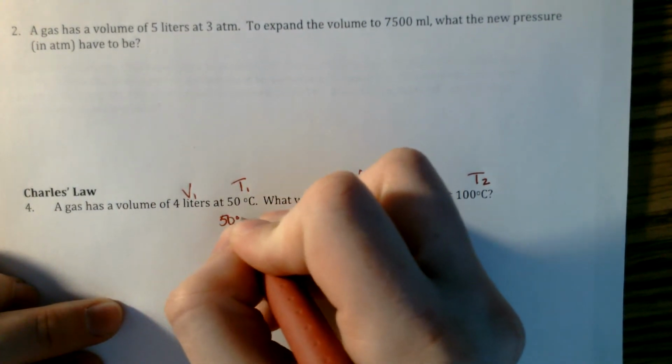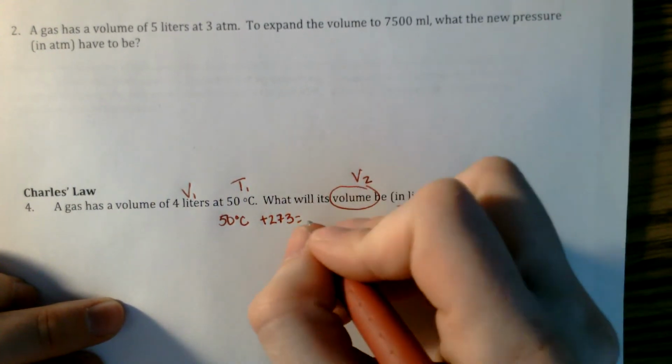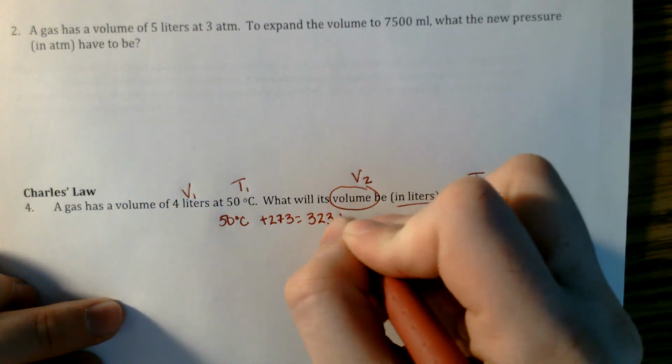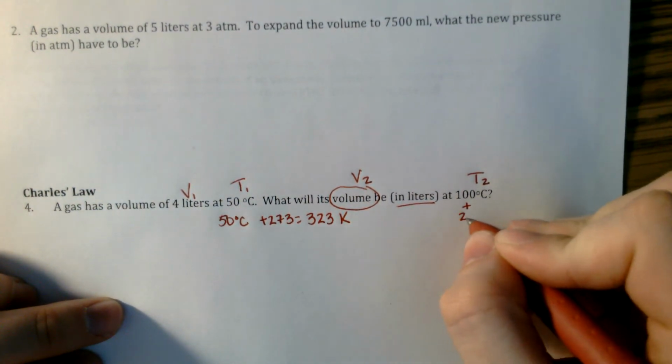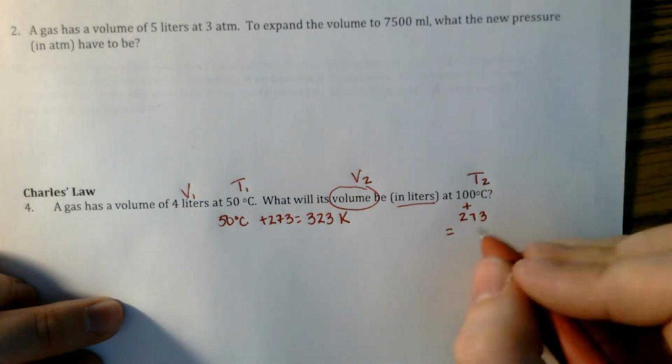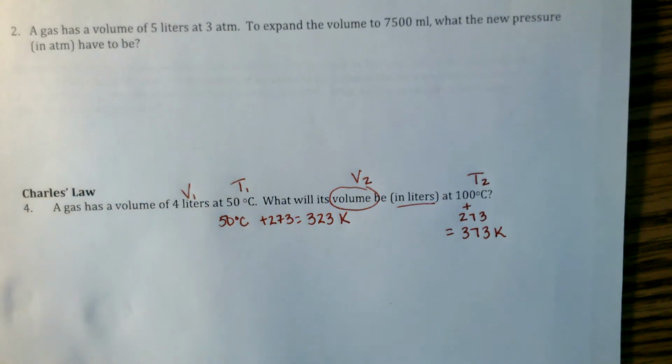So 50 degrees Celsius plus 273 is going to give us 323 Kelvin for our temperature 1. And 100 plus 273 is going to give us 373 Kelvin.